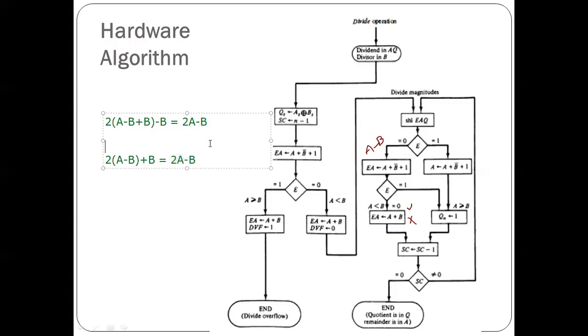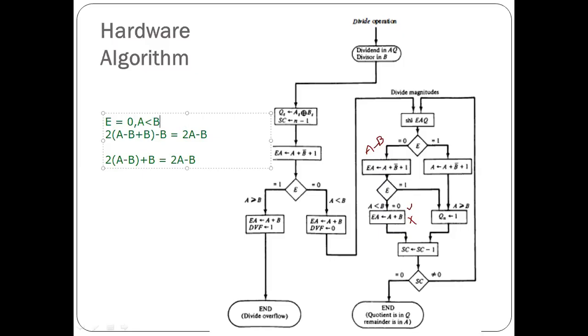Only in this condition do you have to add B, if the previous subtraction was wrong. How would we know that the subtraction is wrong? Based on the E bit: if E is 0, it means A is less than B, and only then do you have to add.